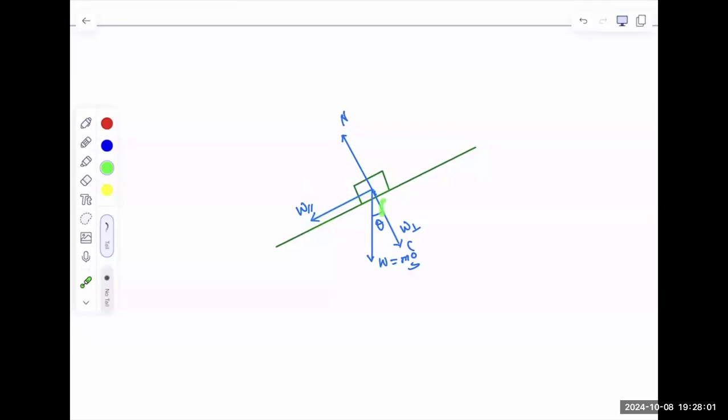Now what's the purpose of W perpendicular and the normal force? The weight is vertically downward, and its perpendicular component is counteracted and balanced by this normal force.